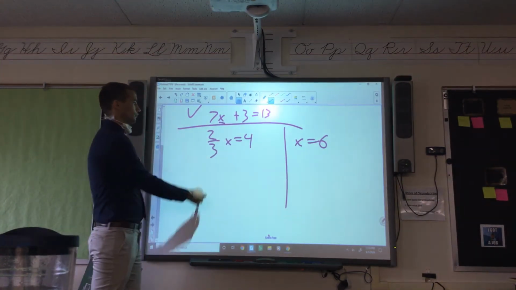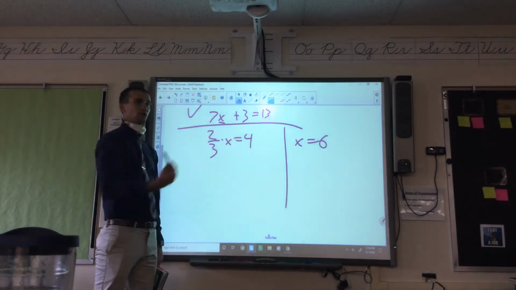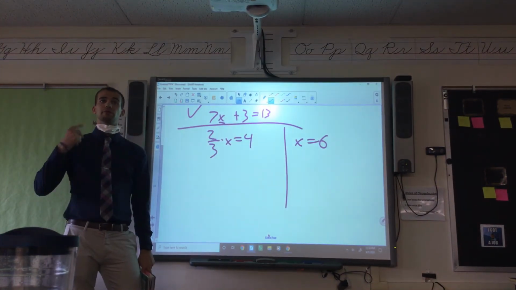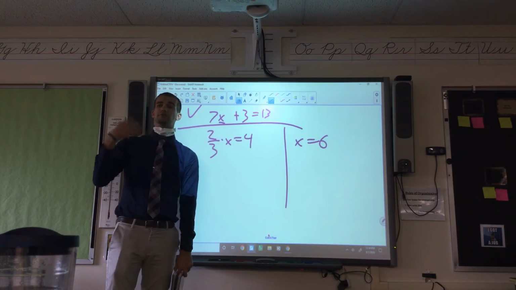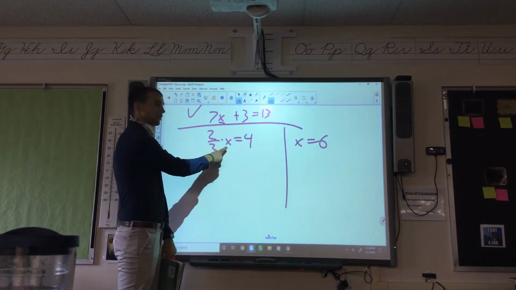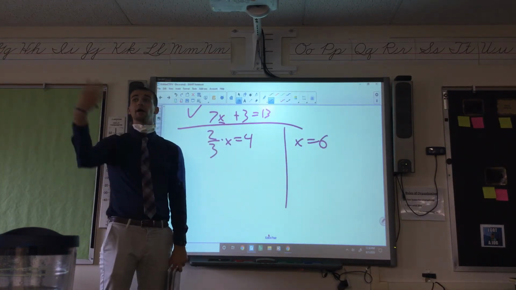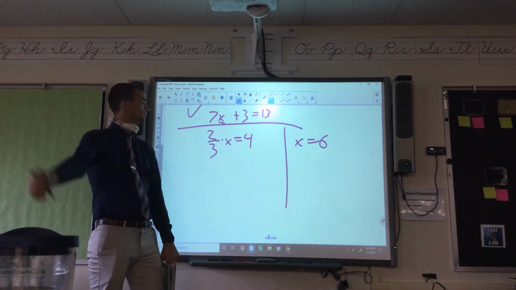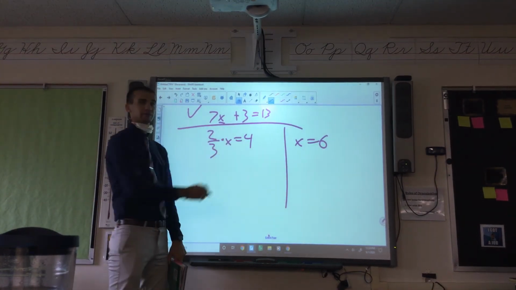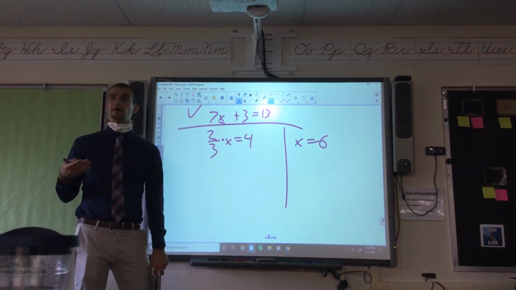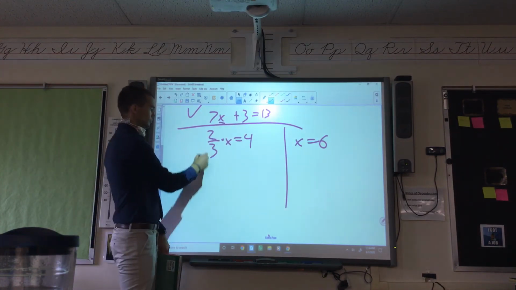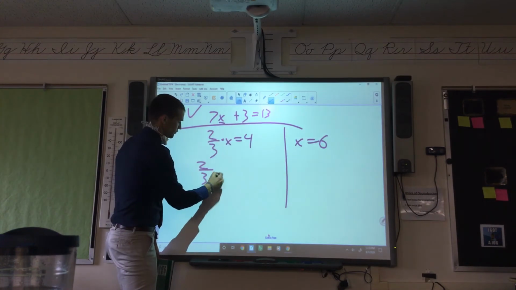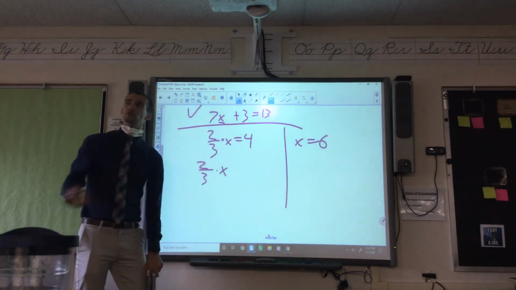So you have to ask yourself the question, hey, how do I get 2/3 off of this side? Well, to get a variable by itself, you have to undo what's being done to it. So what's being done to x is being multiplied by, right here, this is 2/3 x. That's the same thing as 2/3 times x.